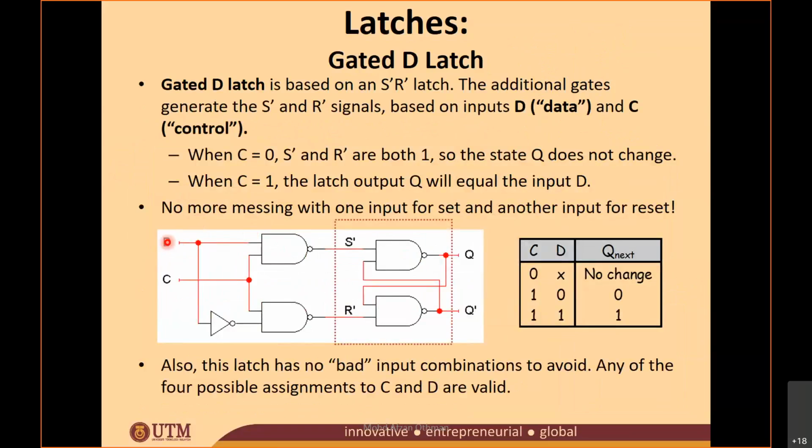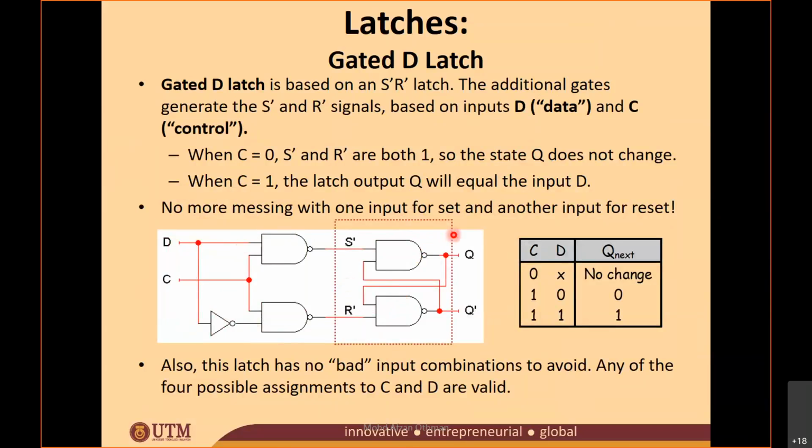Okay, so nampak ni, this is your D. So this D, the first D goes to the first NAND gate. The second D masuk kepada NOT gate and then goes to the second NAND gate. So this is your active low S bar R bar latch.